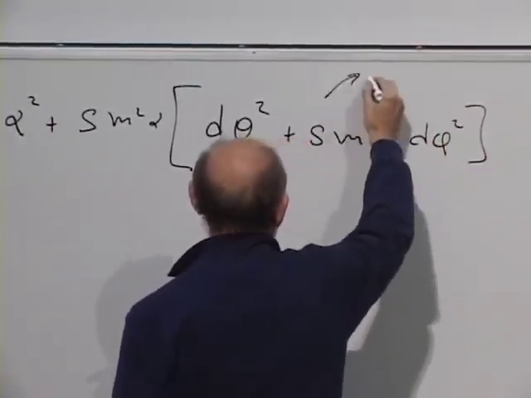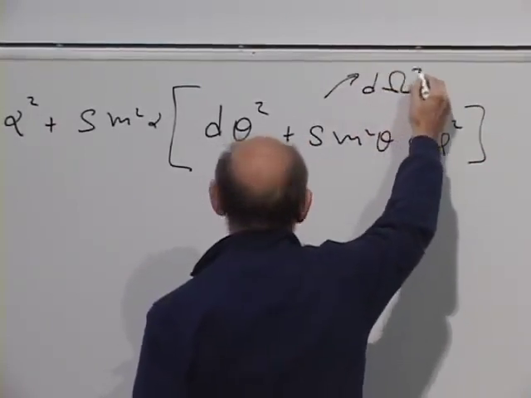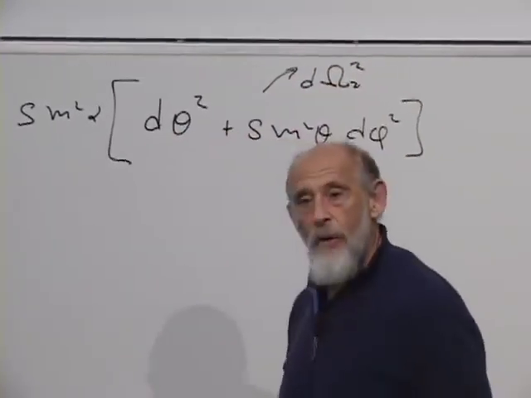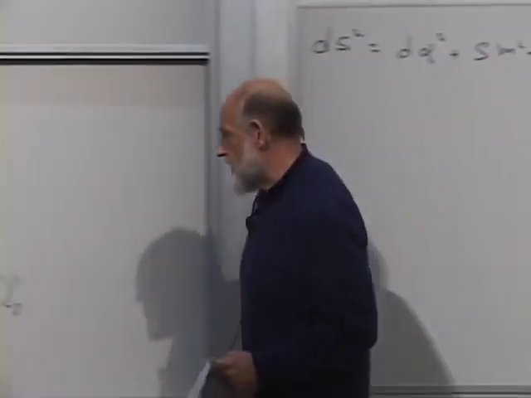And just call this thing here d omega 2 squared. All right, you can go on with this. I'll tell you what the general answer is.